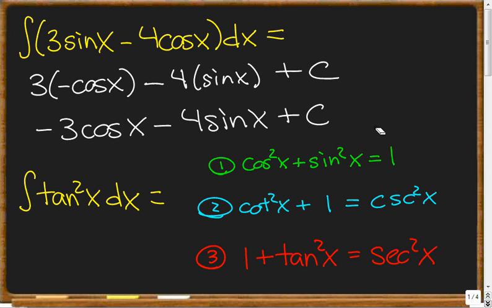Well, we only learned the integral of a few of these terms. We've learned 1. We've also learned the integral of secant squared. Okay, so we want to change tangent squared into something in terms of secant squared. So I'm going to erase this real quick.